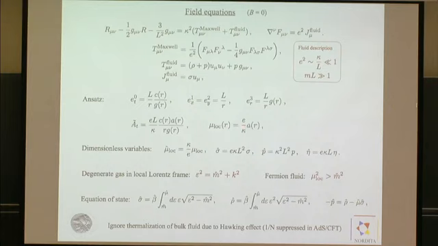Okay. And then furthermore, to simplify the notation and also to be able to put this on a computer, one scales out the various dimensionful couplings, and so those are the hatted variables.